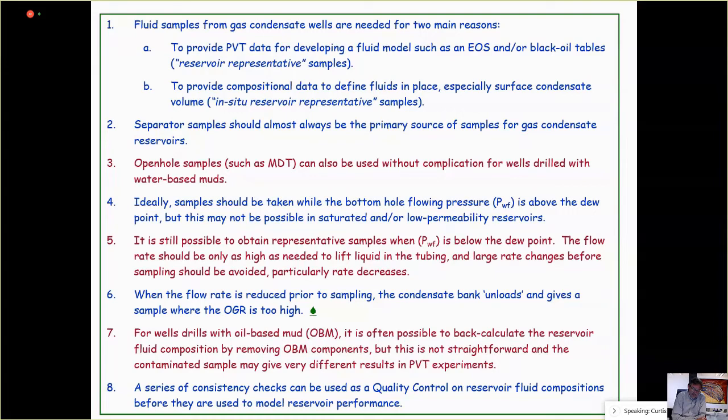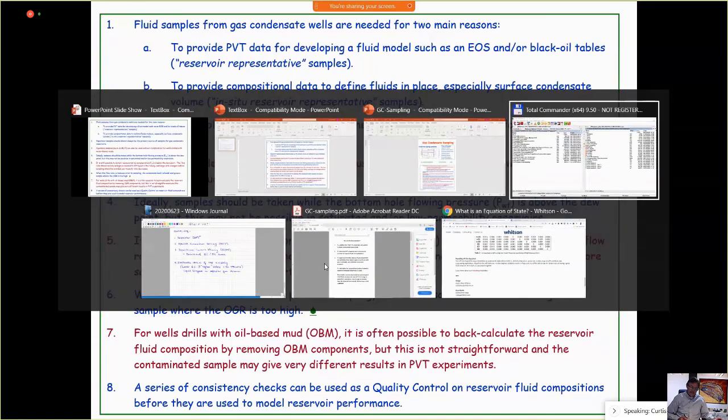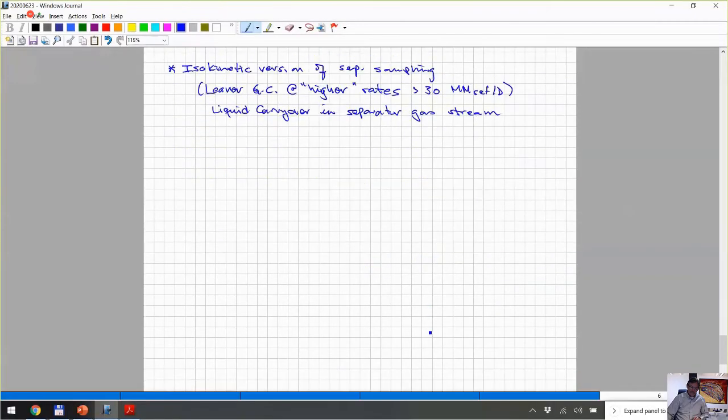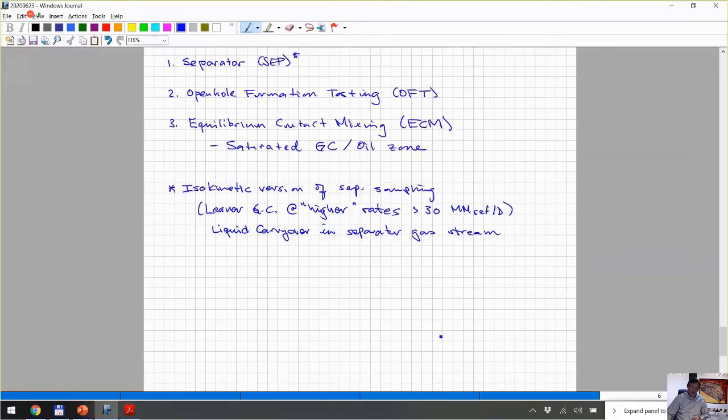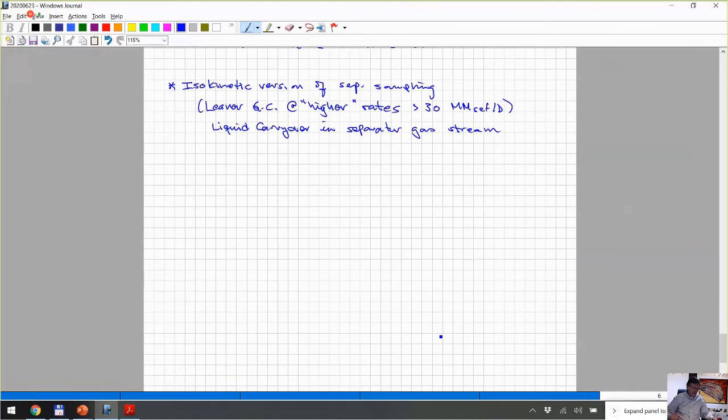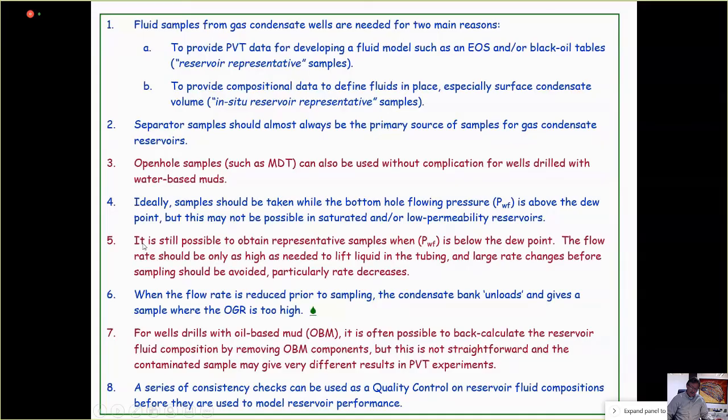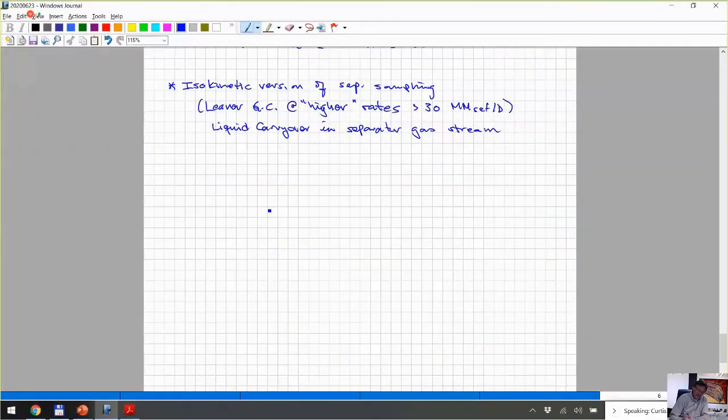So why is this the case? Why do we want Pwf to be greater than P dew point during sampling?